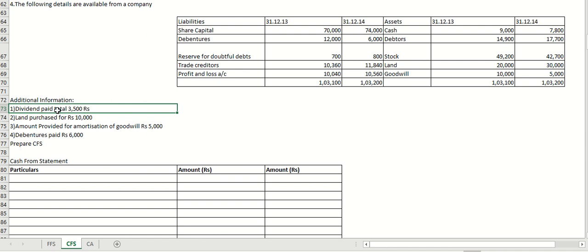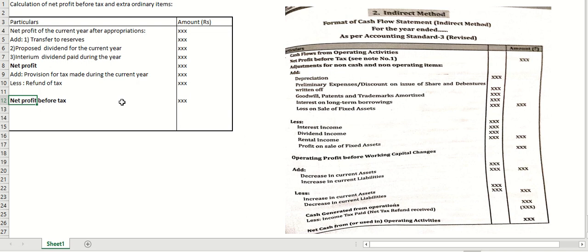Dividend paid will come under the appropriation. Since we have the net profit, we are supposed to calculate the net profit before tax, so you will add your dividend paid so that you will be able to calculate your net profit before tax. If they give only net profit, you're supposed to calculate a net profit before tax.